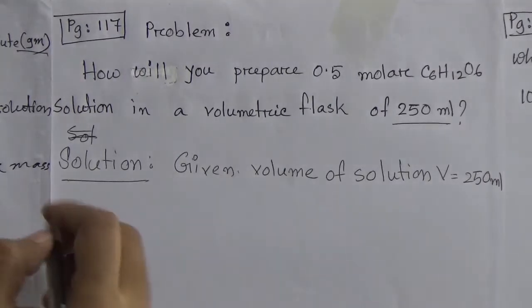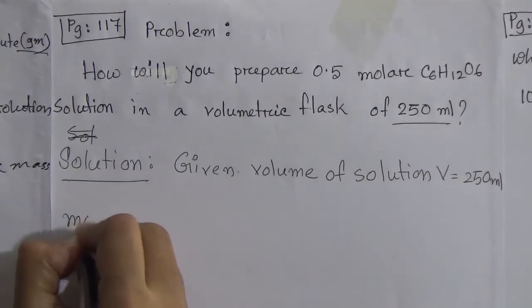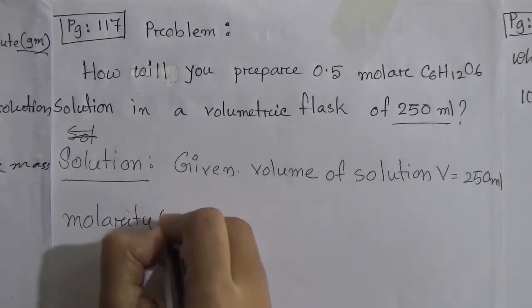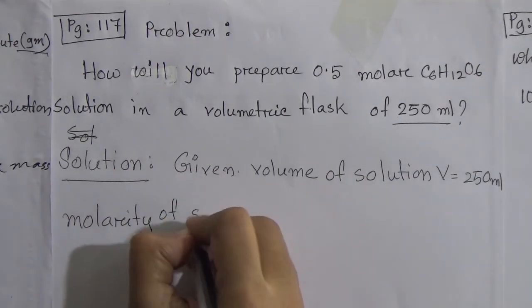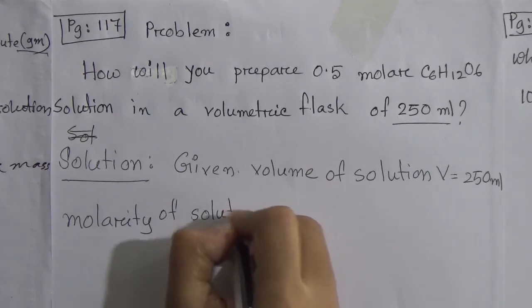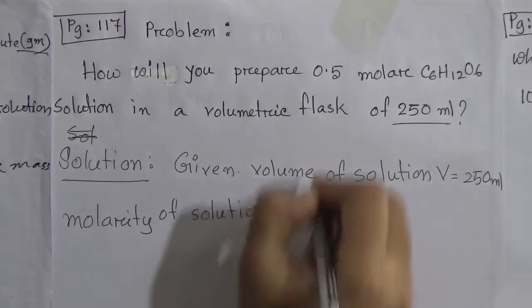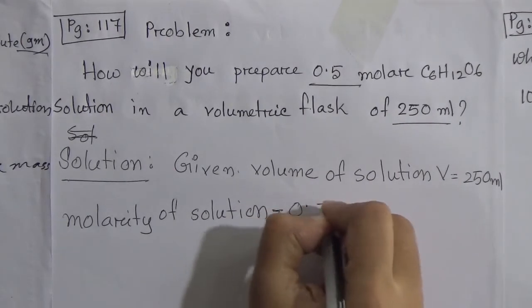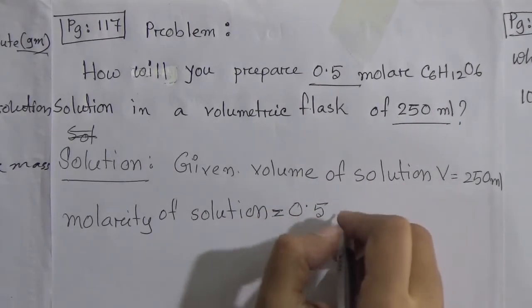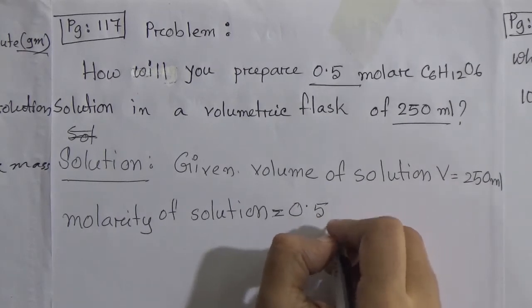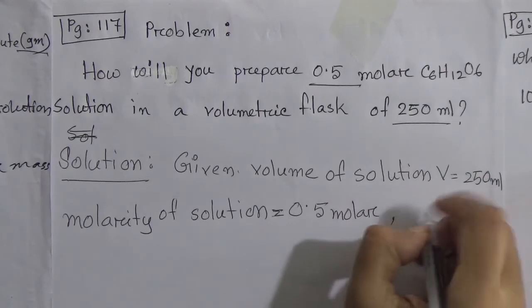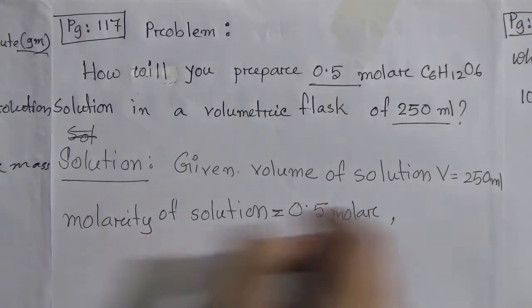Now come to molarity of the solution. Molarity of solution is equal to 0.5 molar, and molecular mass that we have to find out.